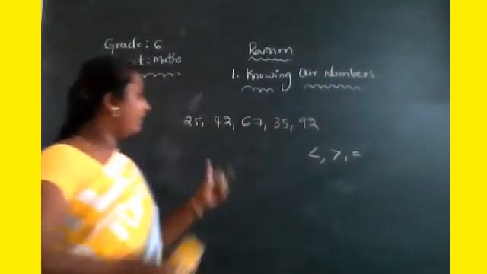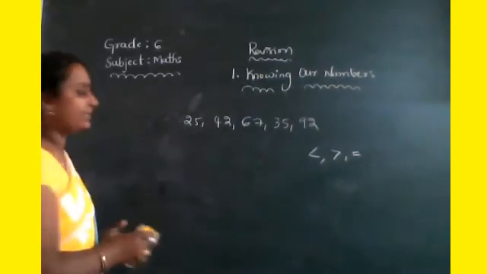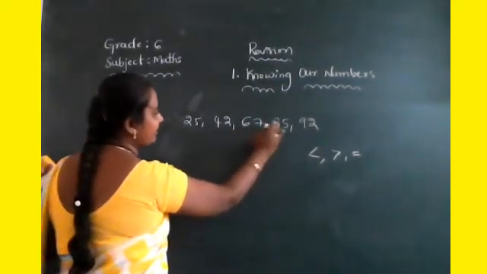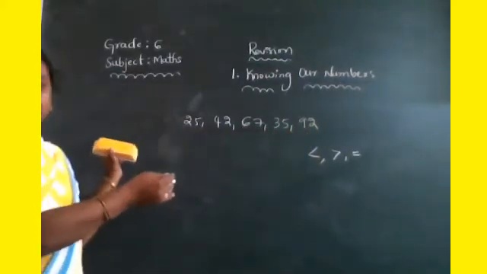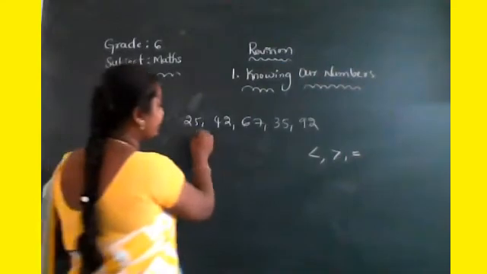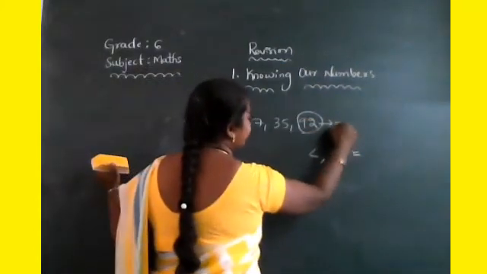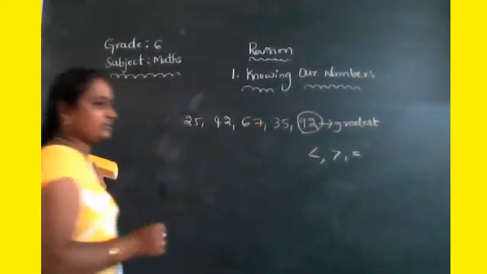Now among these numbers, which is the greatest number? Observe here: 25, 42, 67, 35, 92. Which is the greatest number here? Right. 92 is the greatest number.